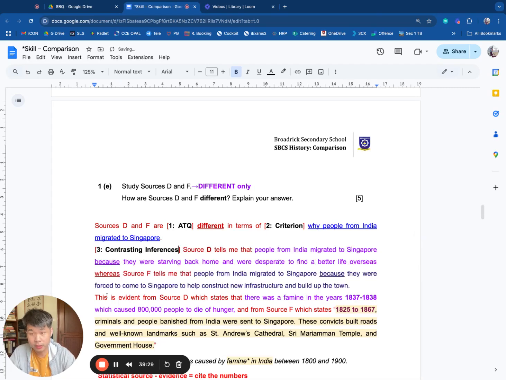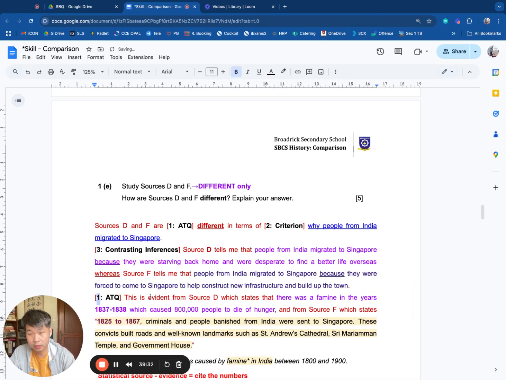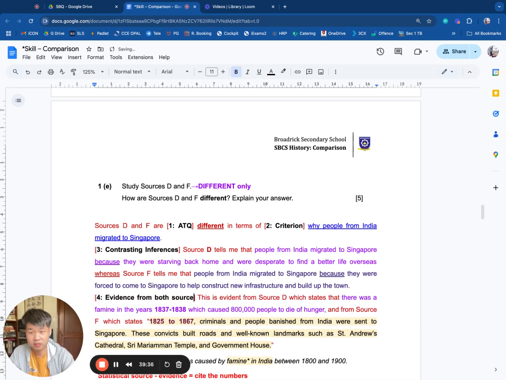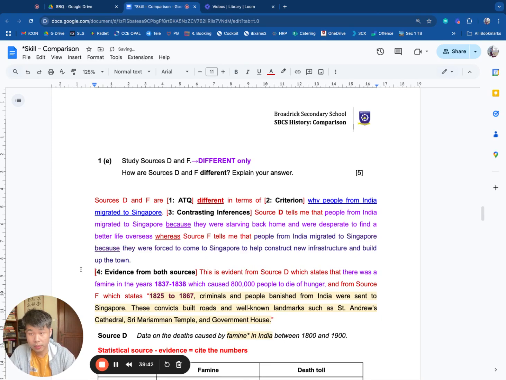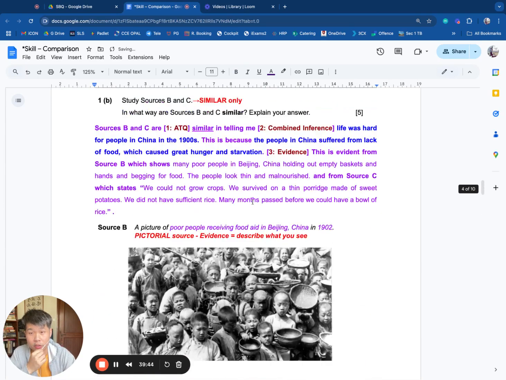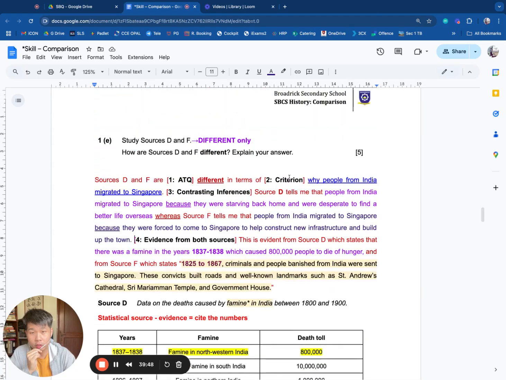And here there are 2 inferences because they are different, and evidence from both sources. And you write this all in one single paragraph for difference. So similarity, there are 3 steps: ATQ, combined inference, evidence. Difference, there are 4 steps: ATQ, criterion, contrasting inferences, evidence from both sources.